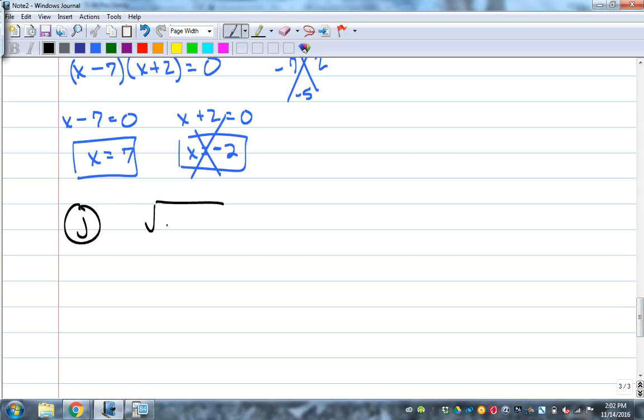Let's look at another one similar to that. 10x plus 9 under the square root is equal to x plus 3. So we can square both sides again. This is a lot like the last one, just moved around, change the numbers. 10x plus 9. And on the right-hand side, what do we have?